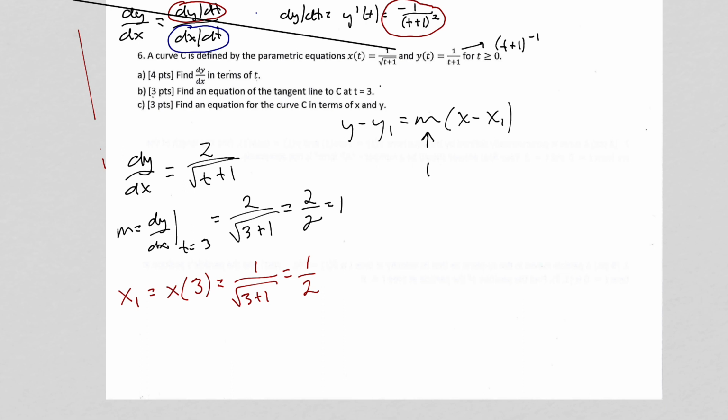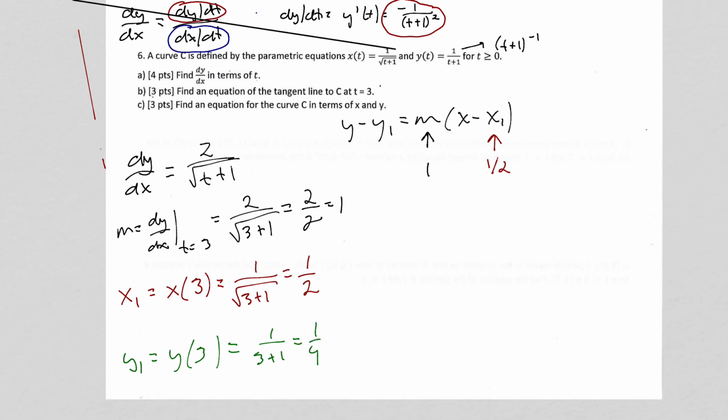So this right here is 1/2. Now, let's do y sub 1, because that's the notation we're using, is the same as y of what? What do we plug in? 3. So that gives me 1 over 3 plus 1, which is 1/4.